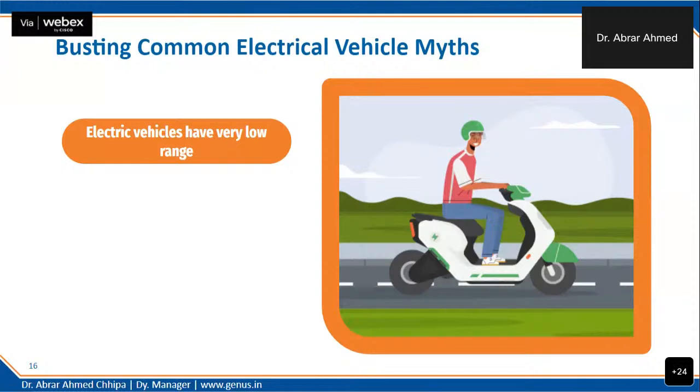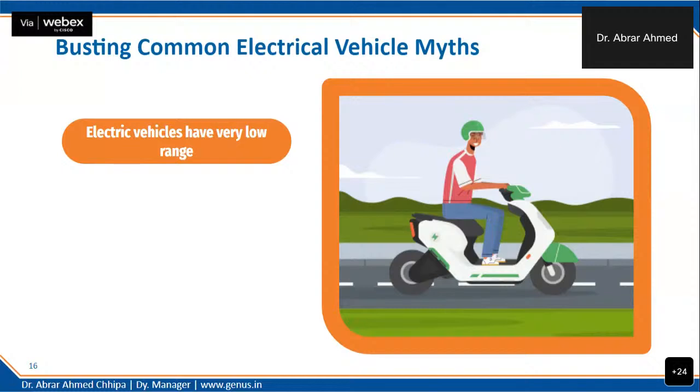What do we drive daily? If we are living in a city, we drive approximately 50 kilometers, or 60 to 70 kilometers. And as per the Bureau of Energy Efficiency, the average range of electric two-wheelers currently available in the market is around 84 kilometers per charge, which is enough for day-to-day travel within a city.